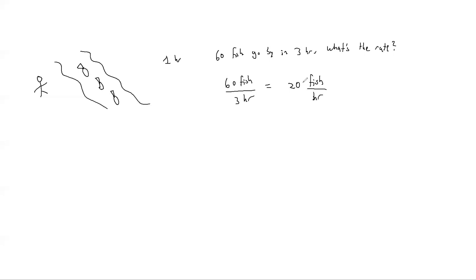Well, fish per hour is not something you'd often see in science. You wouldn't ever really publish something that has units of fish per hour, so they oftentimes just don't write fish. They'll write 20 over hour, or they'll write 20 and then this, which is called the inverse hour, which just means per hour.